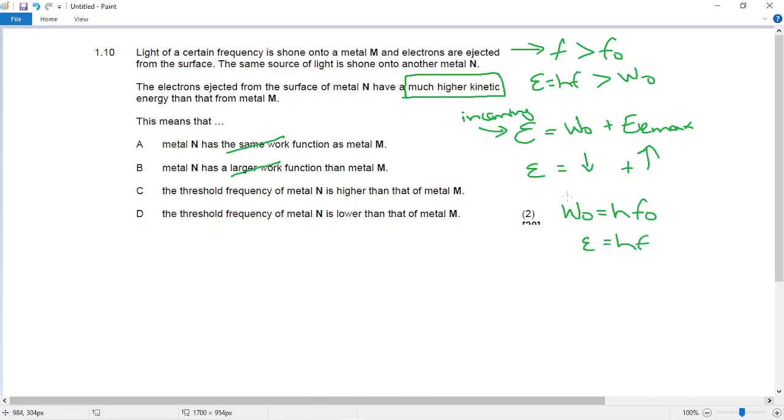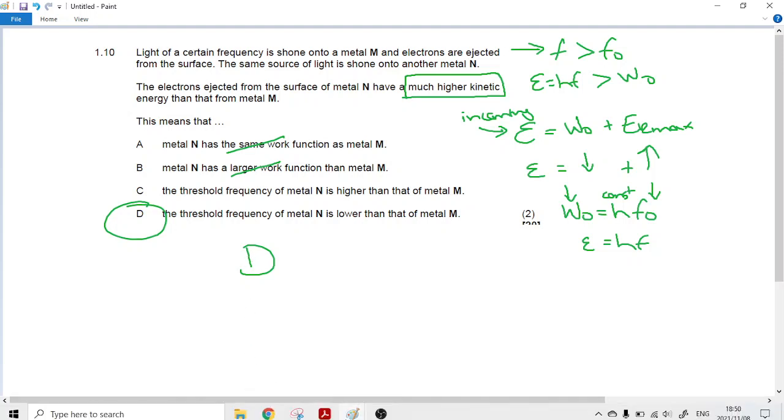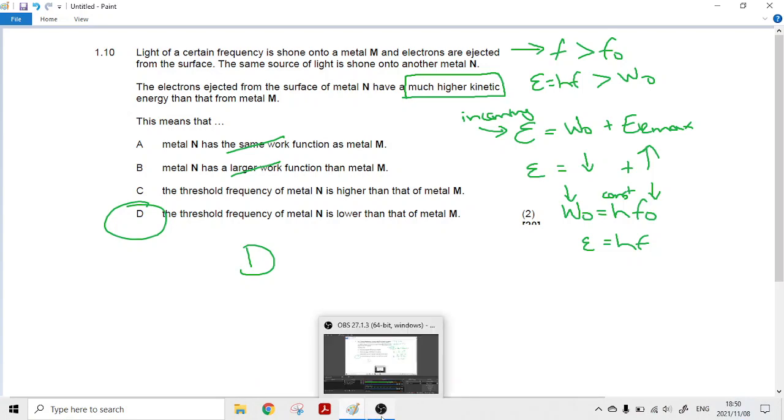So if the work function has decreased, and h is a constant, the threshold frequency must have decreased. So D, the threshold frequency of metal N is lower than that of metal M, because we're putting in incoming light with the same energy, but the little electrons we are popping off are moving faster.